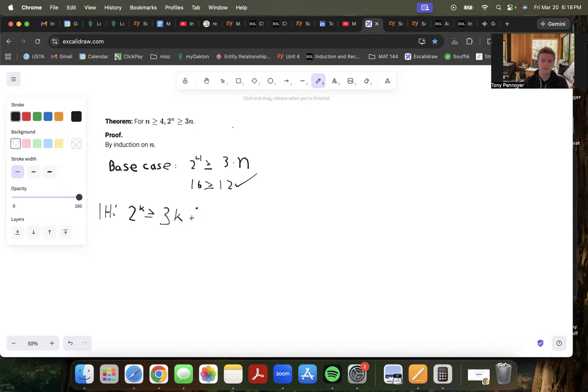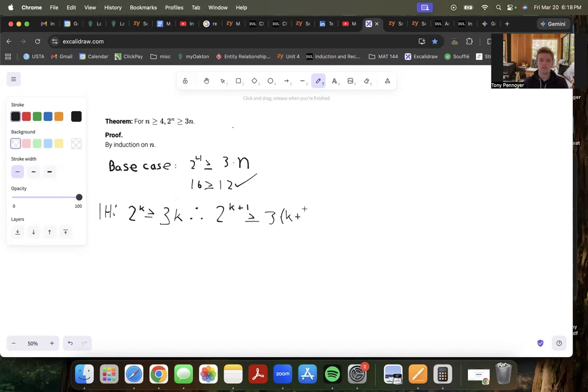And if that's true, then we'll take the inductive step of saying that 2 to the k plus 1 is greater than or equal to 3 times k plus 1.